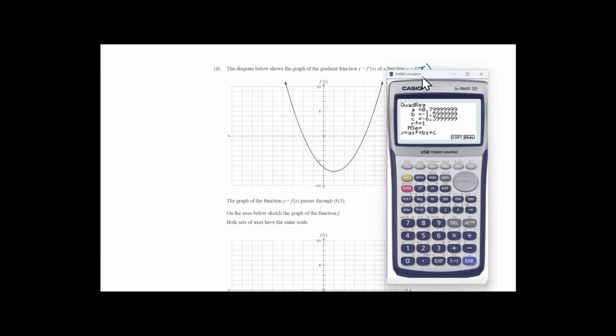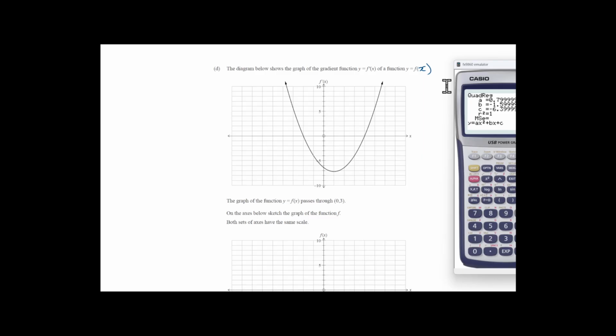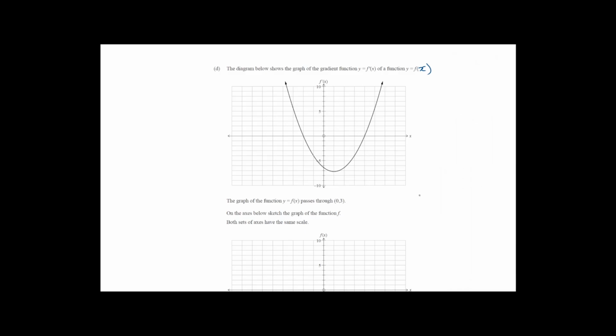So this is essentially 0.8x squared minus 1.6x minus 6.4.